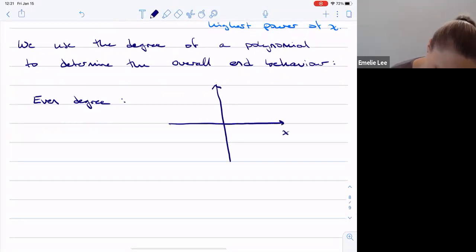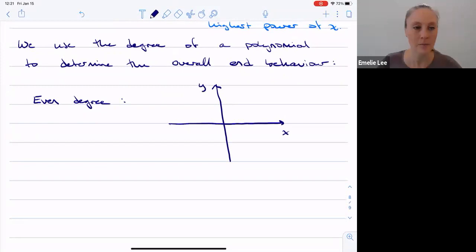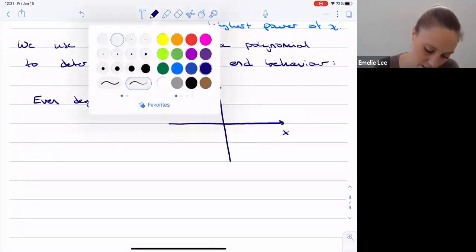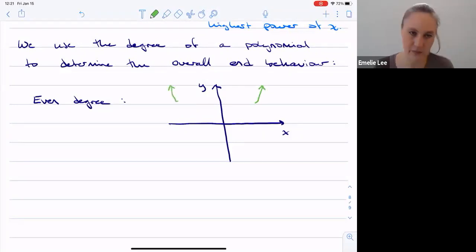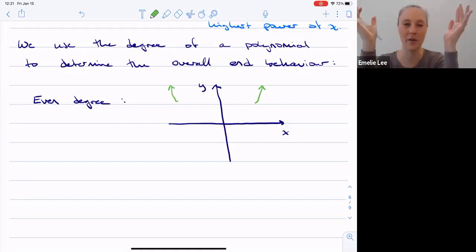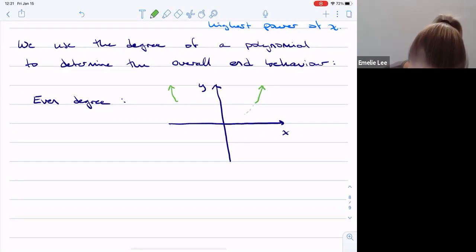I'll draw my X, Y grid here. Okay. And maybe I'll use a lighter color green here. So the first option is that we've got these kind of arms going up like an x squared. So if you imagine x squared, it might look something like this.